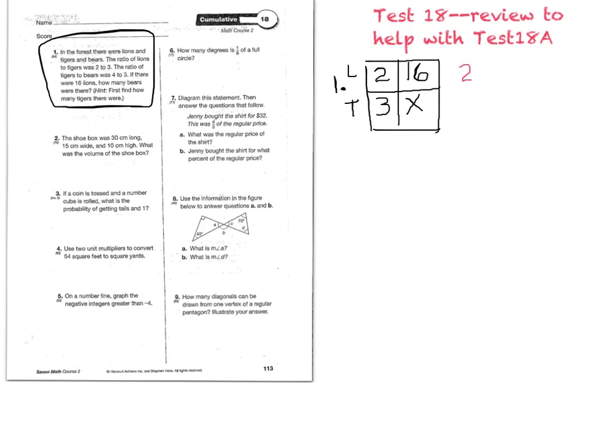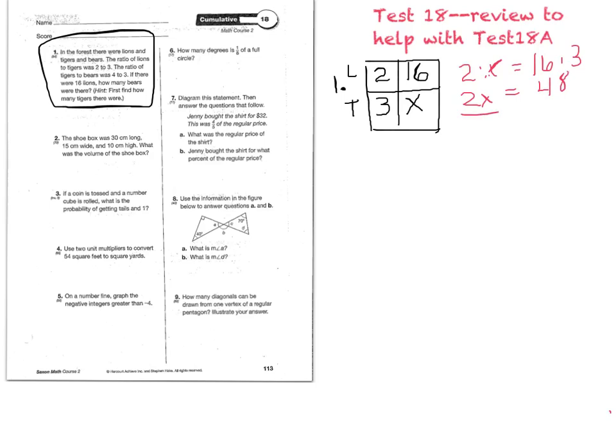So we go 2 times x equals 16 times 3. If we take 16 times 3, that is 2x equals 48.